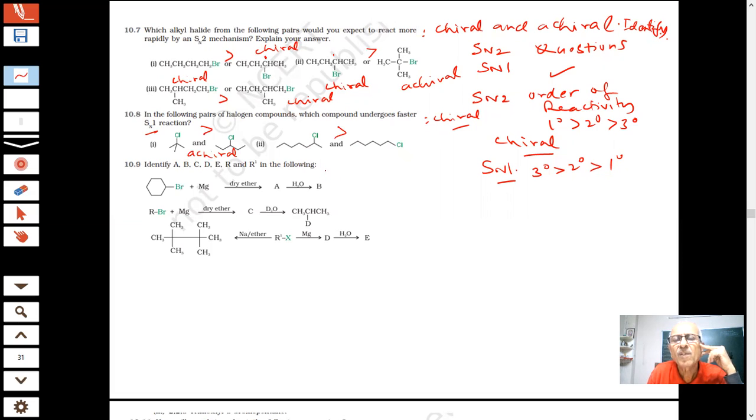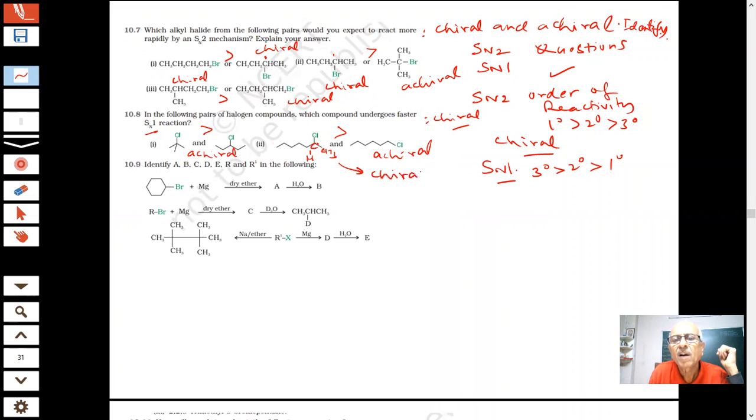What about this? This is also achiral, because C and C, carbon. This is CH3, this is carbon, this is Cl, and this group is there, and there is a hydrogen. Then what is this carbon? Achiral. What is this?